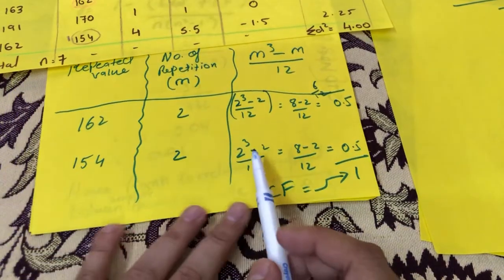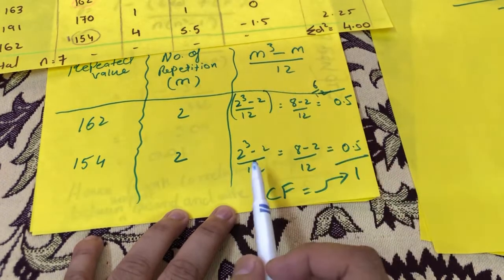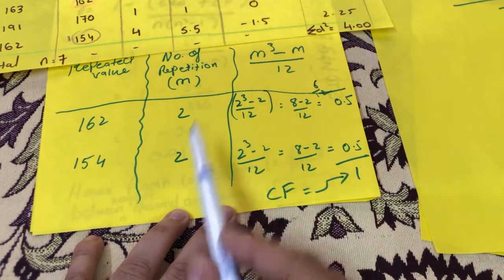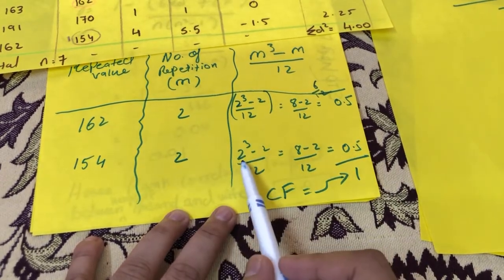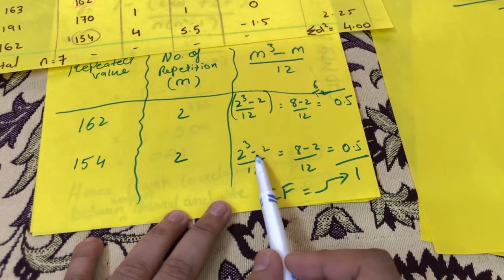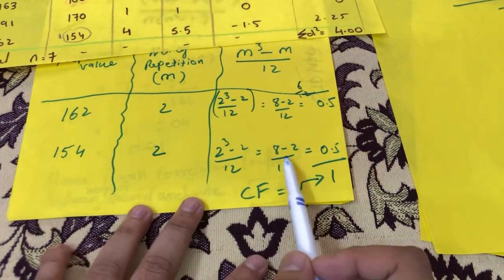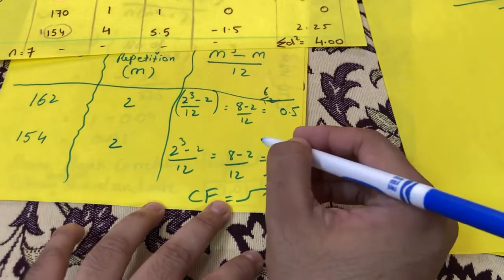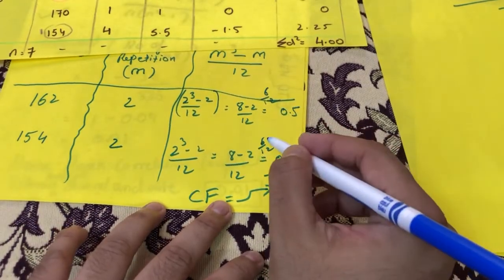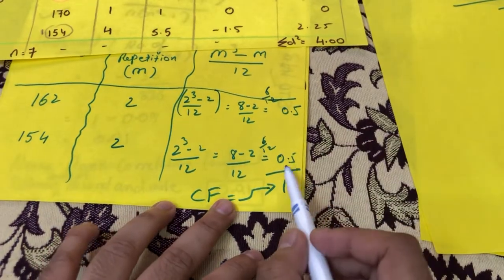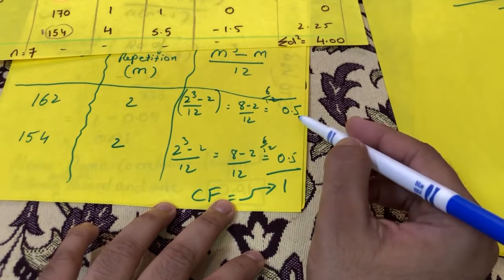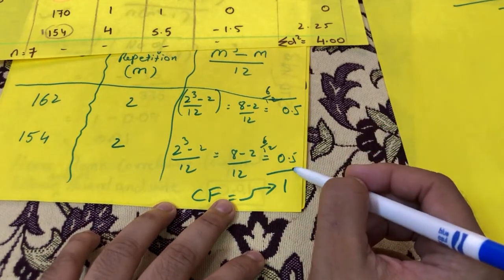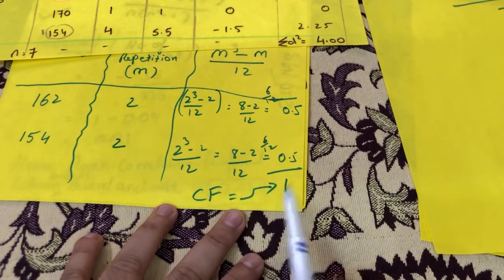In the same way, the formula remains the same. Here our m is also 2. So again 2 cube minus 2 upon 12, that is 6 upon 12, which is 0.5. Now you have to add 0.5 plus 0.5. So our CF will be 1.